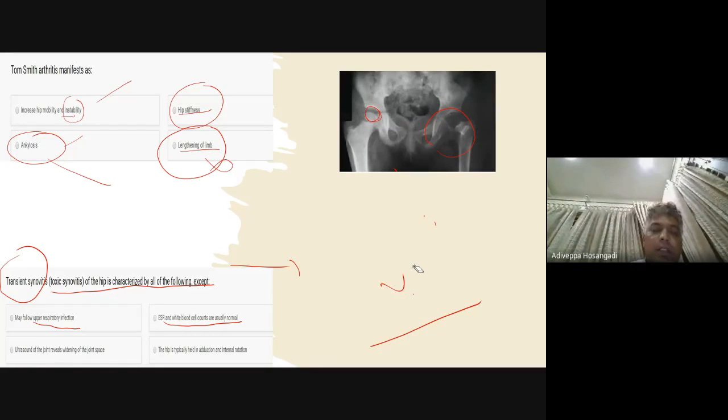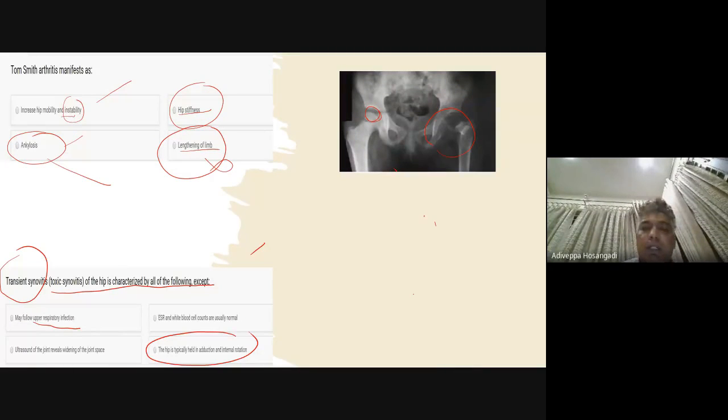One more important thing I want to tell you here: the hip is not held in adduction and internal rotation. Any effusion in the joint increases the volume of the joint. So it is like inflating a balloon. Once it is inflated, the hip goes into abduction, external rotation, and flexion.